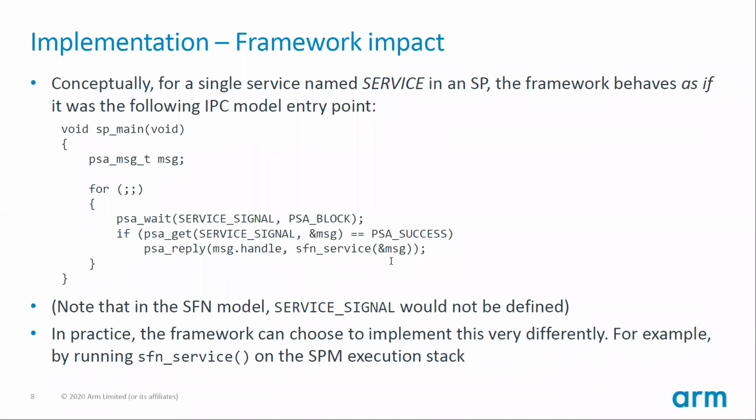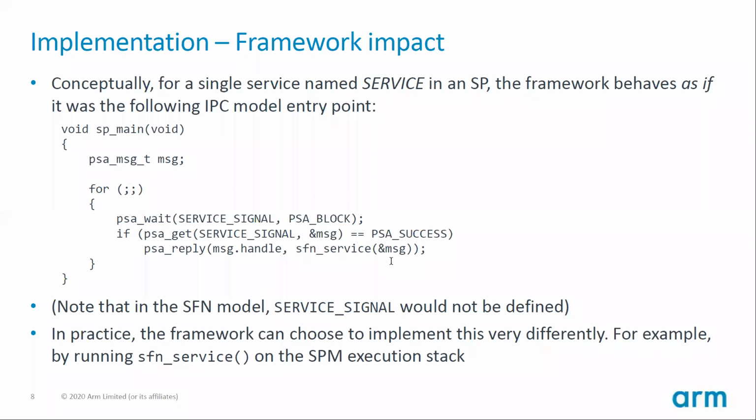Obviously, this isn't exactly the code you would end up generating in a framework that's providing the secure function model, purely because service signal wouldn't be defined as a name in that respect. But it's an outline of how you could implement this inside a runtime library running in an isolated partition that's providing the secure function model.